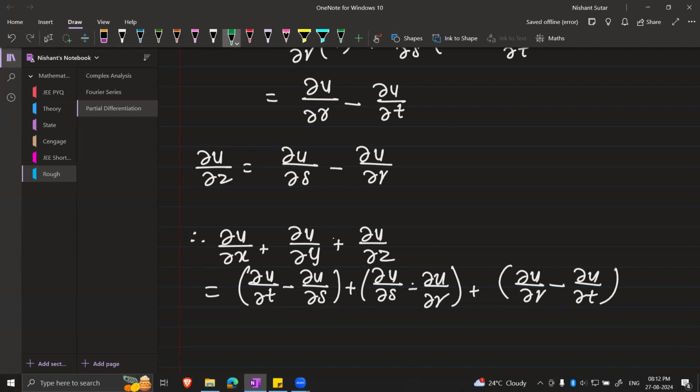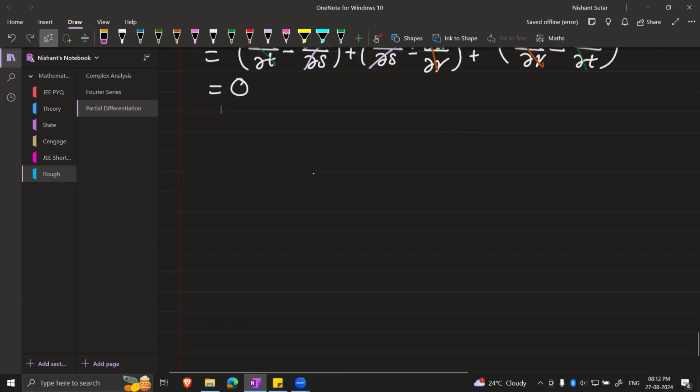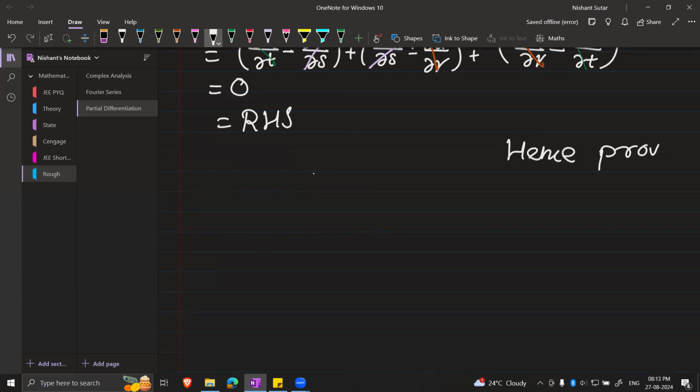So notice that this del u by del t will cancel with this del u by del t, then del u by del s gets cancelled with this del u by del s, and finally del u by del r will get cancelled with del u by del r. So this is 0, which is our RHS, hence proved.